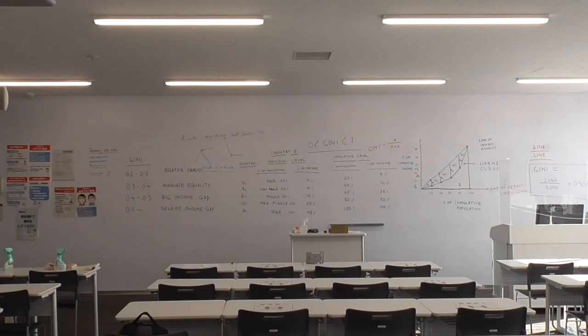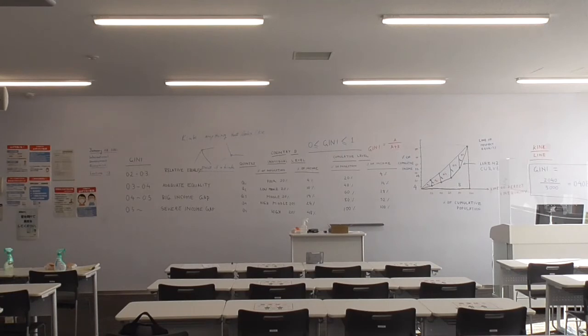Can you answer? In which group is Japan now? 0.2 to 0.3, I see. Any other opinion? Which group is Japan in? Relative equality, you mean the first one, 0.2 to 0.3?